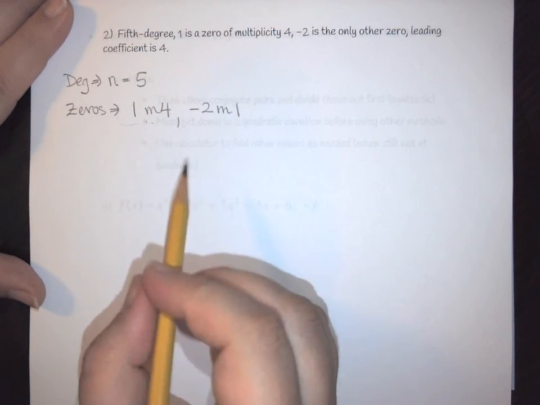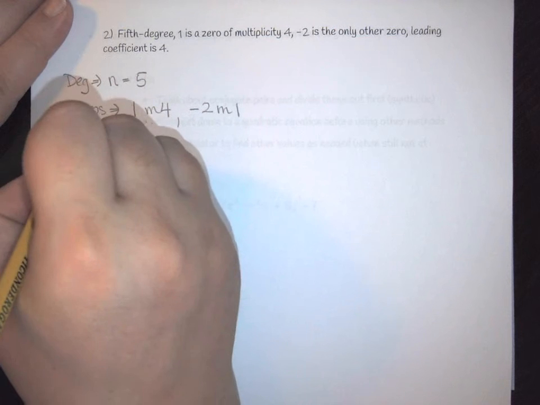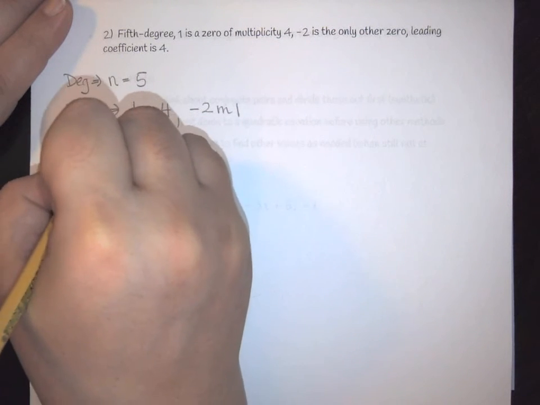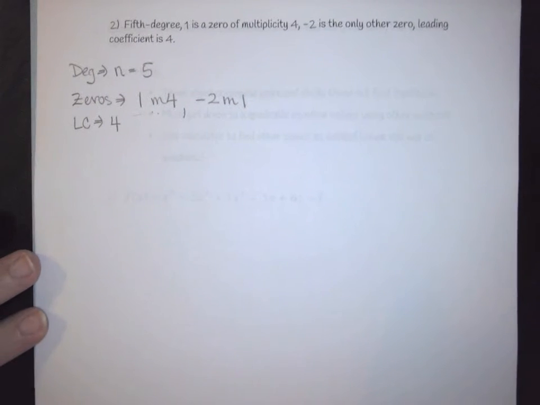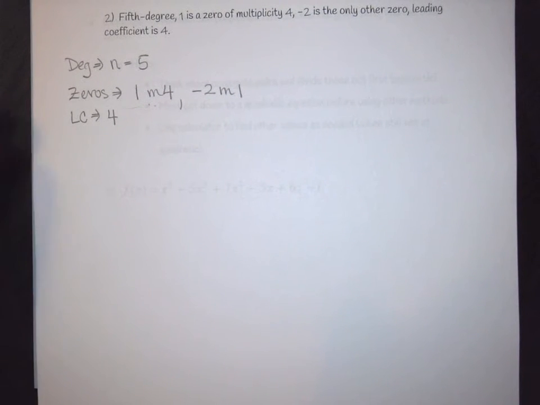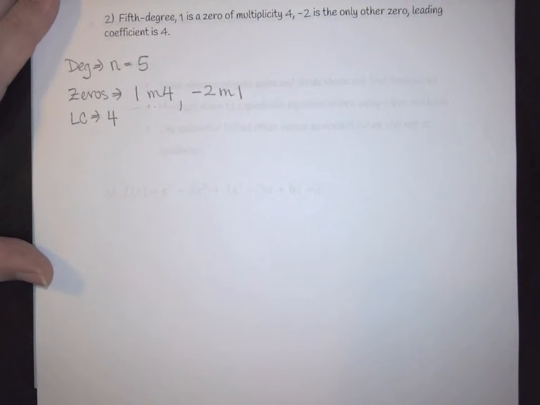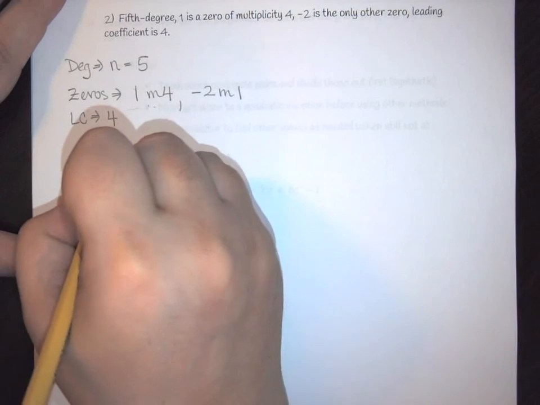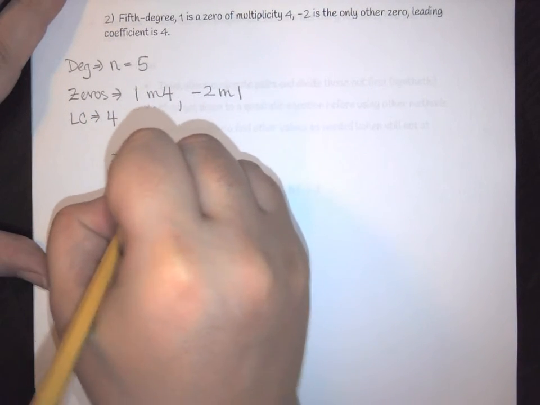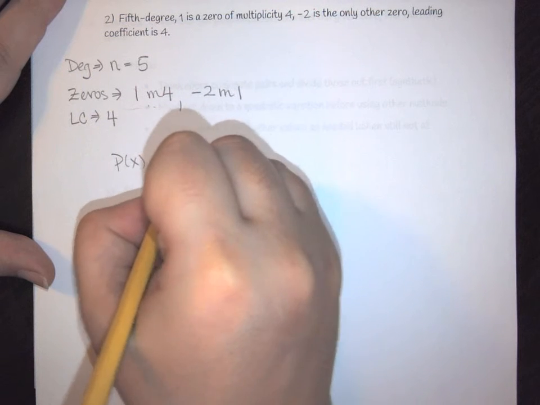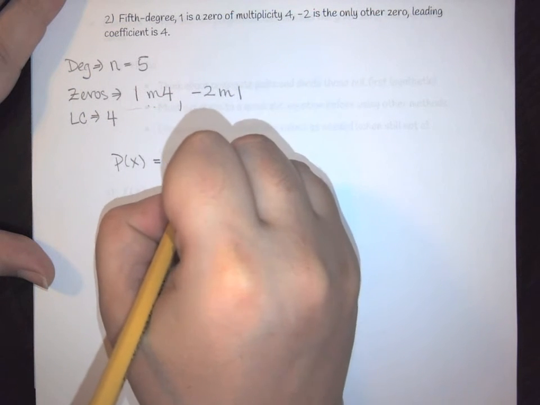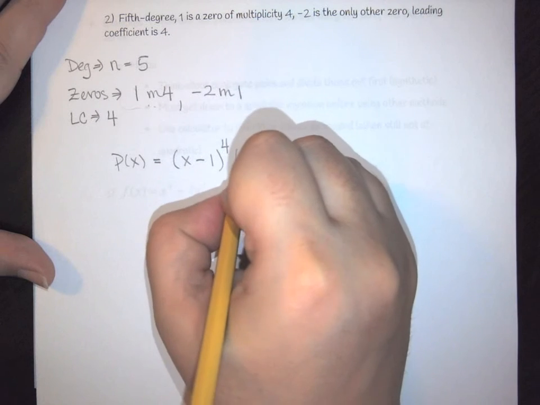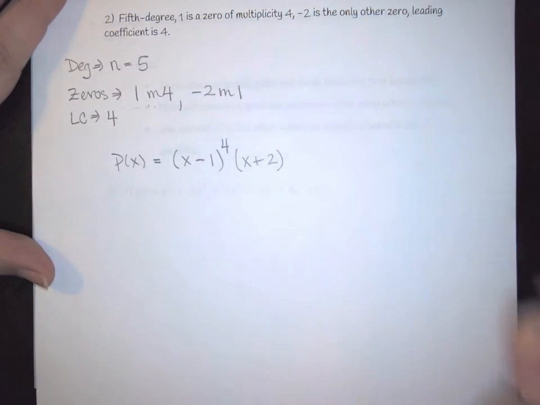I have them all. Now the last thing I have is that I have a leading coefficient, and in this case it is 4. So the first thing we need to do is we need to write out our stuff. So here we have that p of x is going to be x minus 1 to the 4th power times x plus 2.